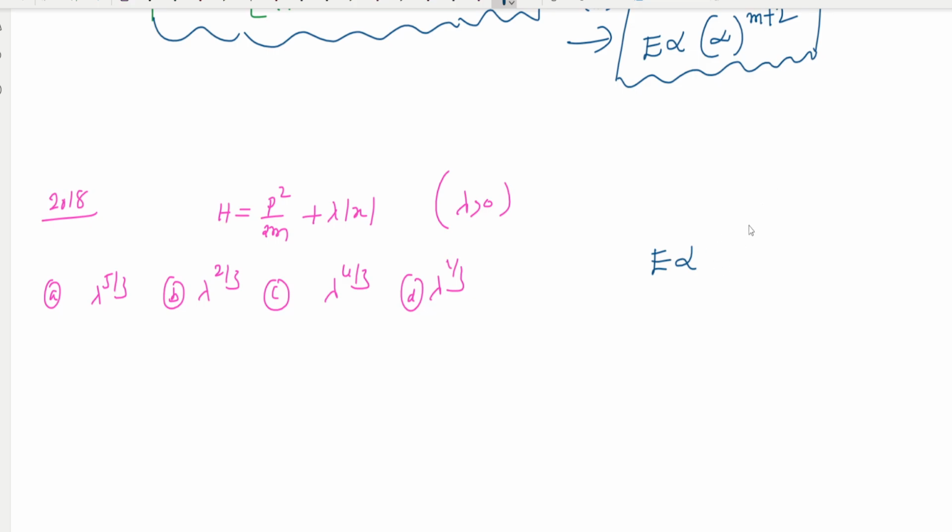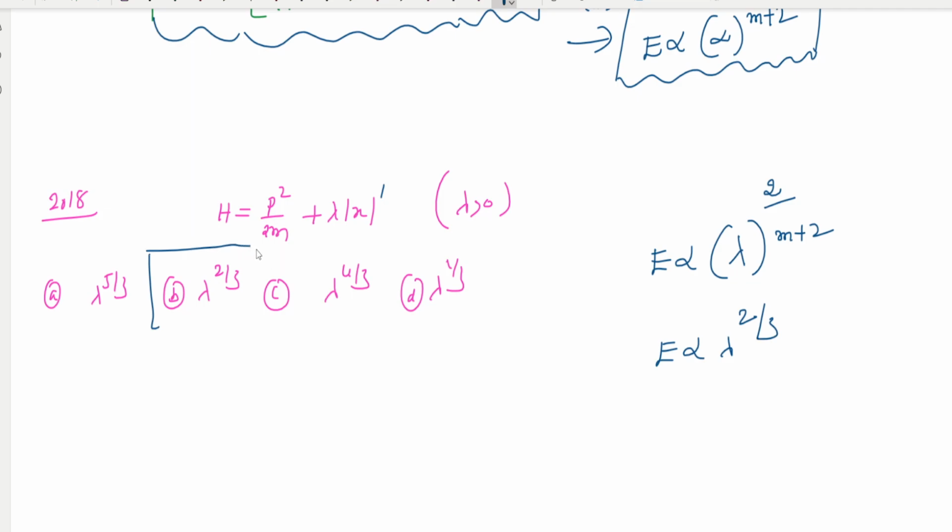Okay, if you use the constant whole power, 2 divided by. So here in m place 1, E is proportional to lambda power 2 divided by 3. Answer is B.